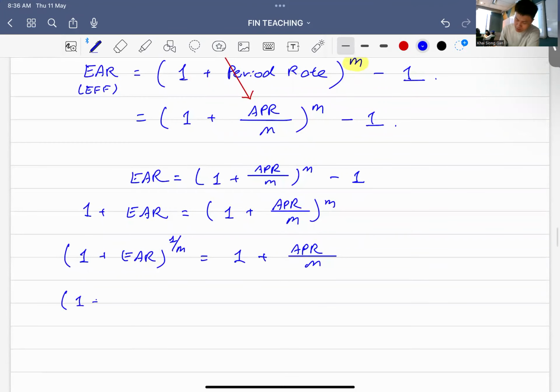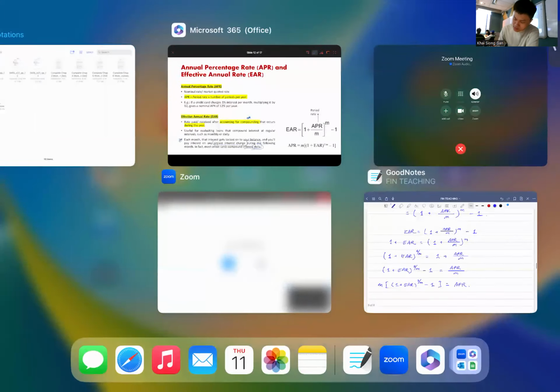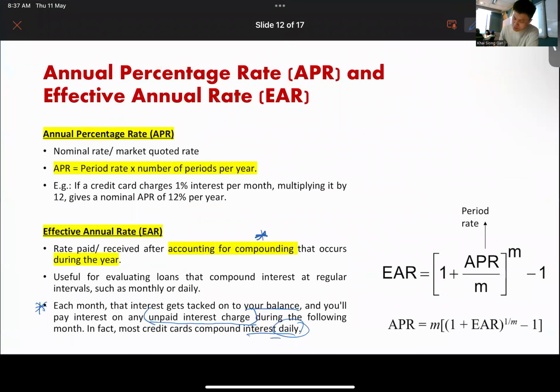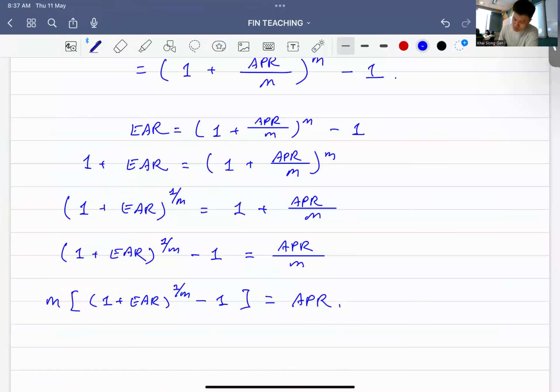So 1 plus EAR, to the power of 1 over M, minus 1 equals APR divided by M. And therefore at the end, M times the bracket 1 plus EAR to the power of 1 over M minus 1 equals my APR. Ta-da! So APR equals M times the bracket 1 plus EAR to the power of 1 over M minus 1.